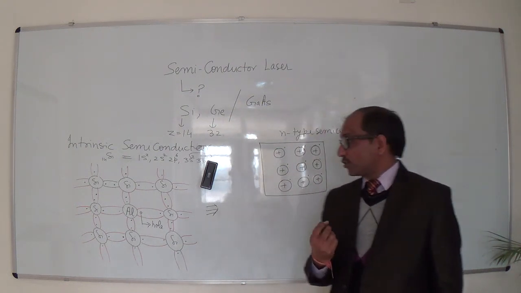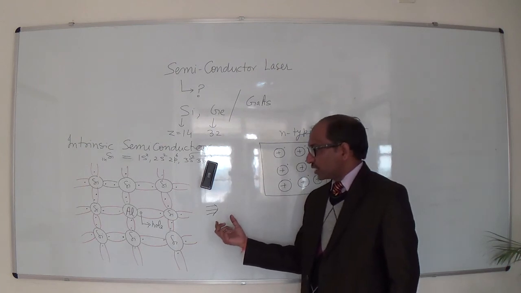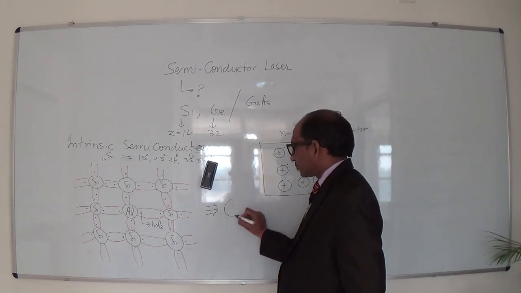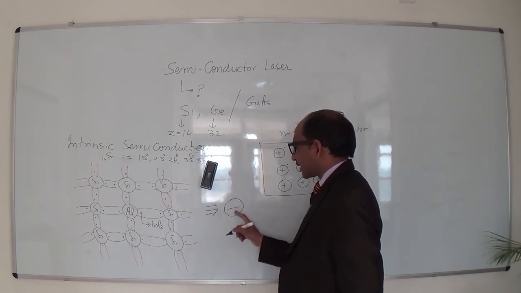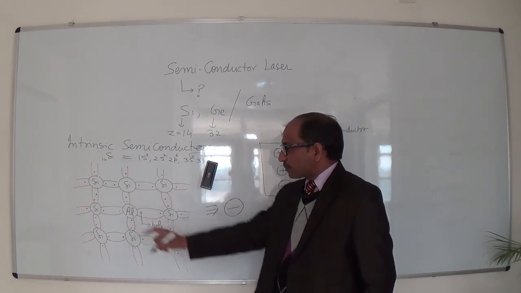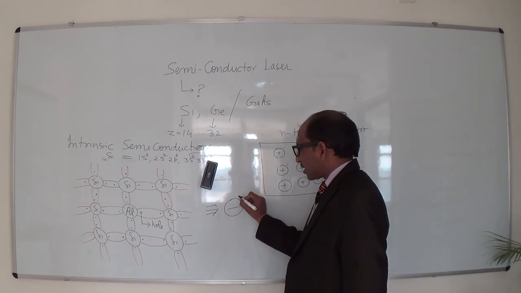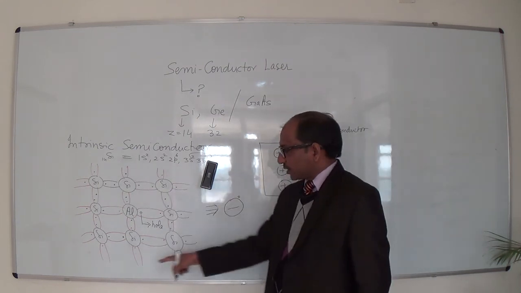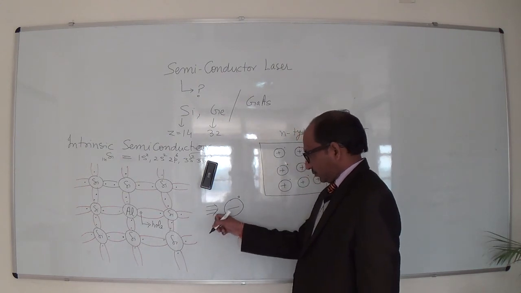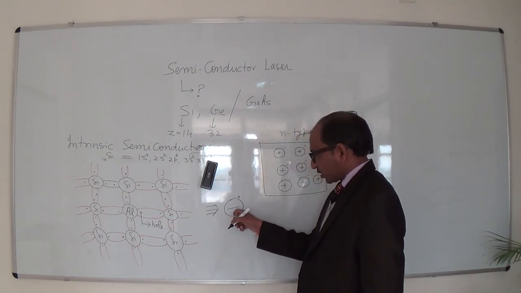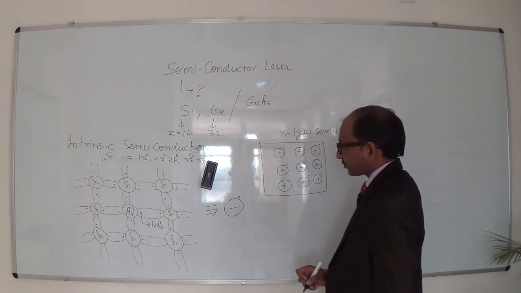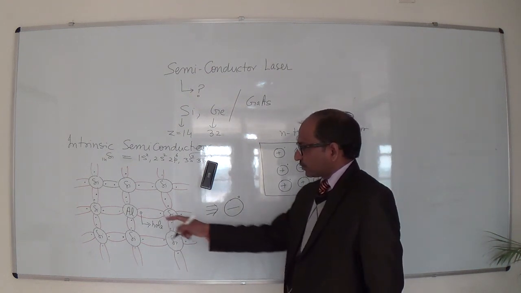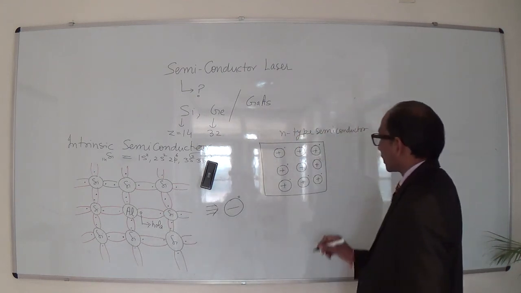So the charge on this impurity ion will be negative. This negative sign represents the impurity ion, and it has a hole. This combined picture is symbolized by the negative ion and hole. Holes are the charge carriers for p-type semiconductor.